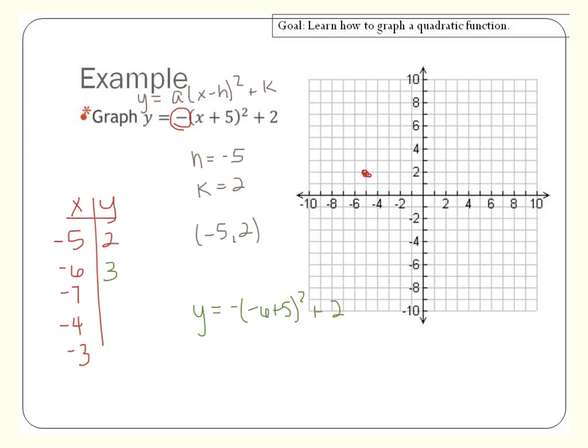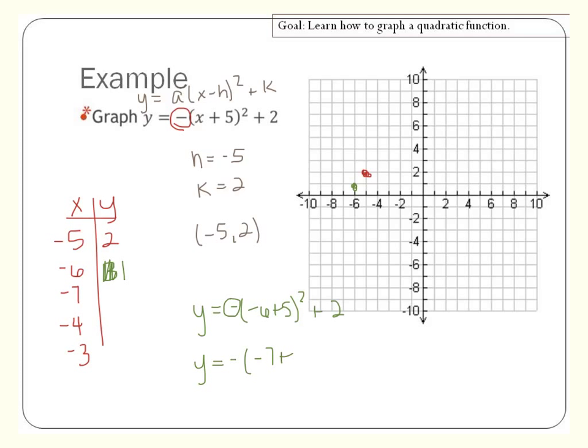Oh, hold on. Not 3. I forgot the negative in front. If we do this negative in front here, you're going to get 1, but then it's going to be a negative 1. Negative 1 plus 2 is 1. Which makes more sense because it does have to open down.